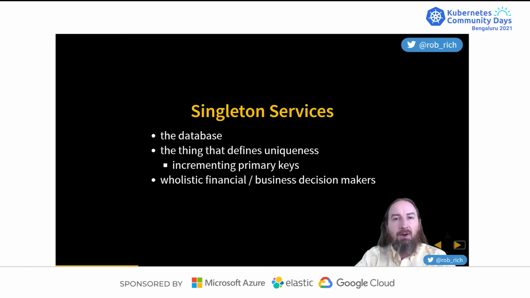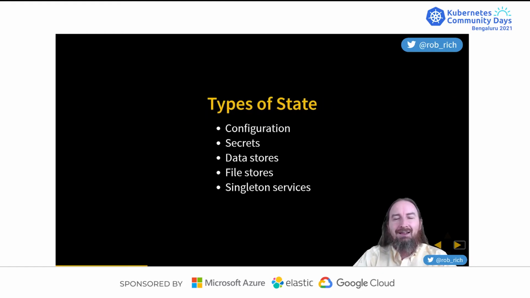Now it needs to know about all of the records in the database so that it knows which one is next. These singleton services are stateful in the same way that we have other stateful things. They need to know about the entire thing, and we need to have exactly one of them. So that's the state. We have singleton services, we have file and data stores, we have secrets, and configuration.